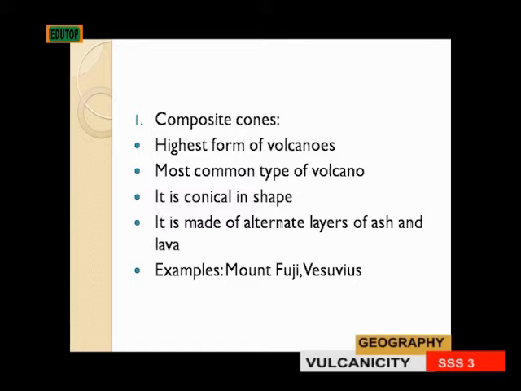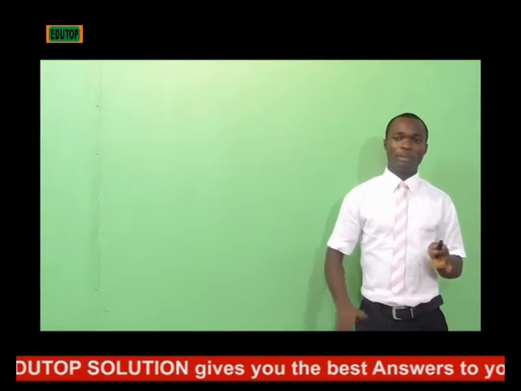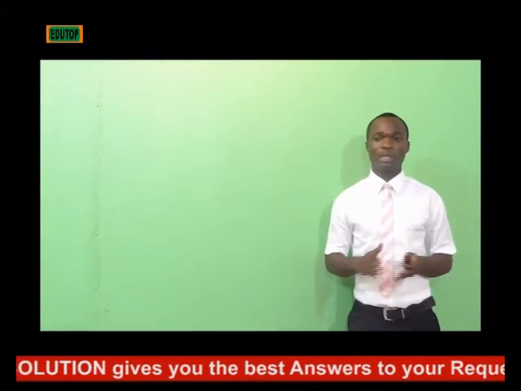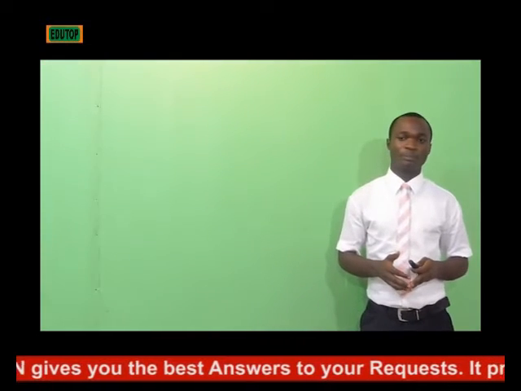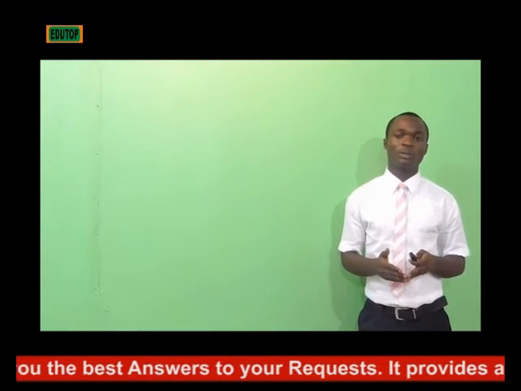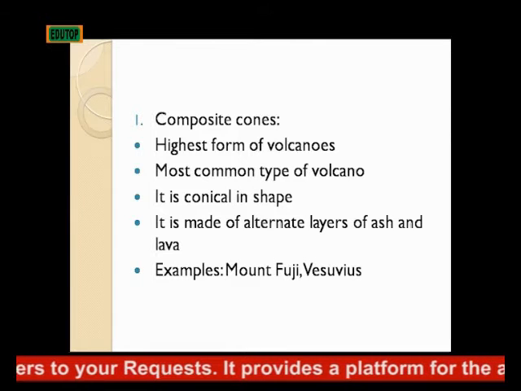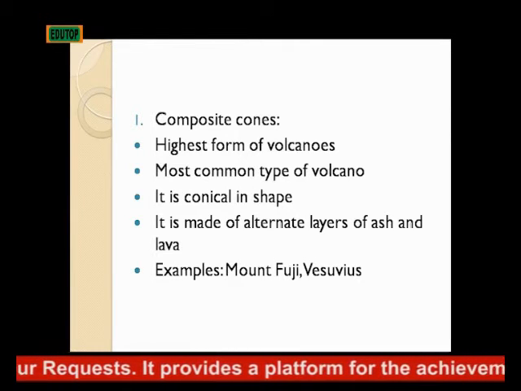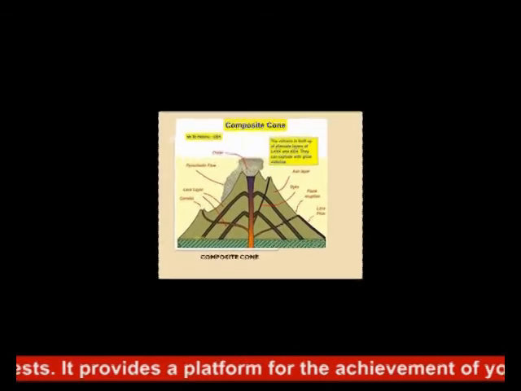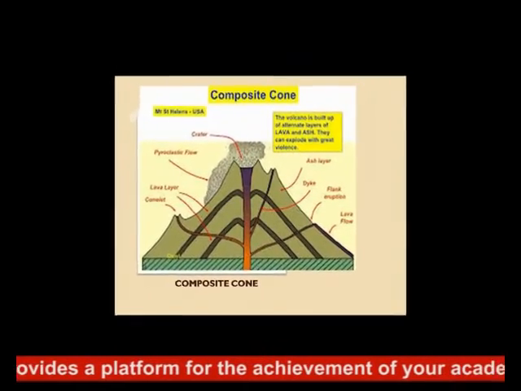That's to say, when you have ash on top, the next layer will be lava, and the sequence continues like that. Examples of composite cones include Mount Fuji and Vesuvius. This is what we have been talking about, the composite cone.